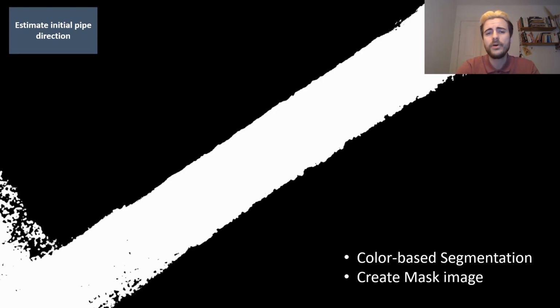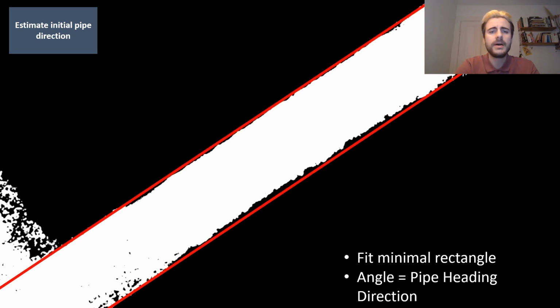Next, we perform simple color-based segmentation in HSV color space to create a mask of the pipe. To determine the direction of the pipe, we apply a minimal fitting rectangle on the mask. The angle of this rectangle corresponds to the heading direction of the pipe.